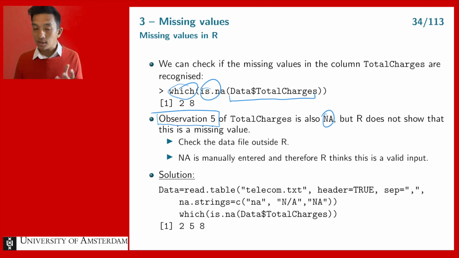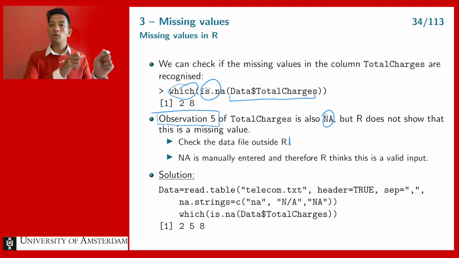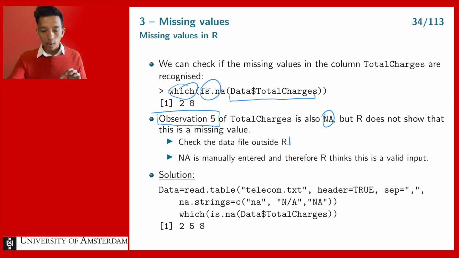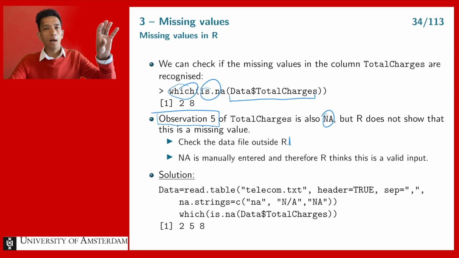Well, the problem is actually simple. What you have to do is check the data file outside R. What R is doing is looking in your data, and as long as there is no entry for a certain column and a certain observation, it will say this is a missing value. For example, for a customer you can see the ID.